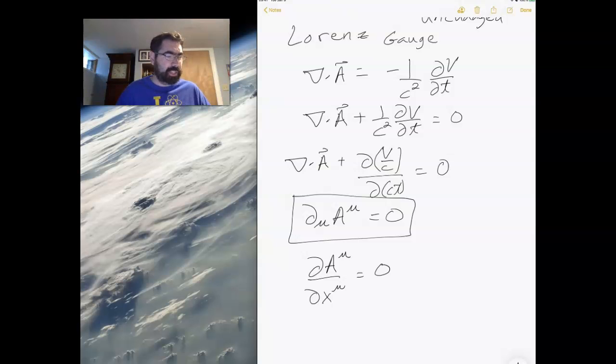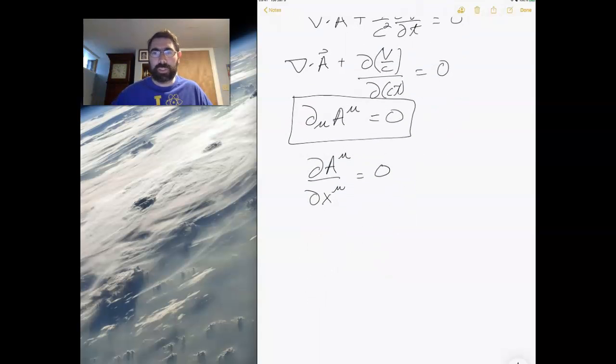If we applied that to Maxwell's equations, what we would end up with is the D'Alembertian, which, if you remember writing it before, was essentially something like this.